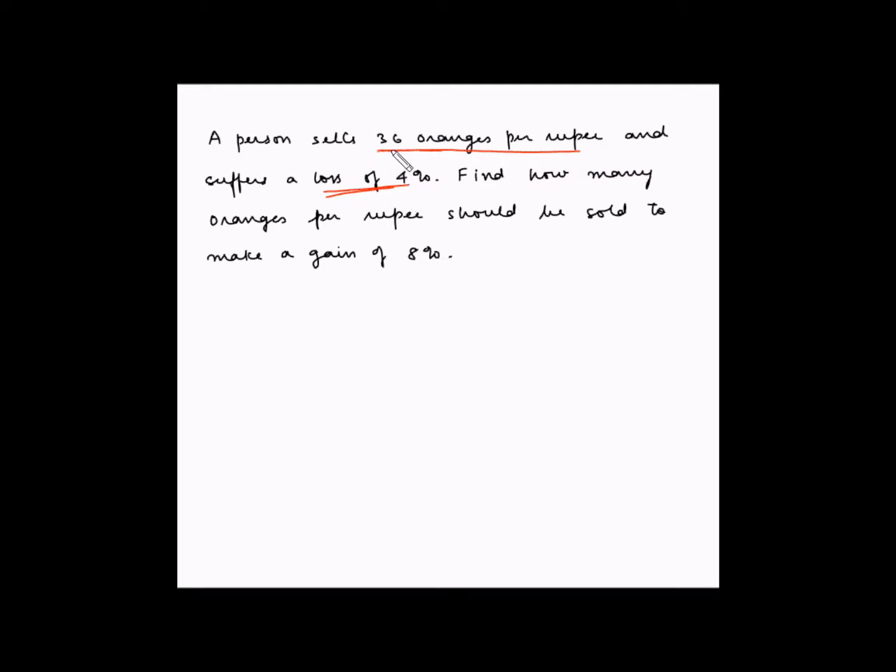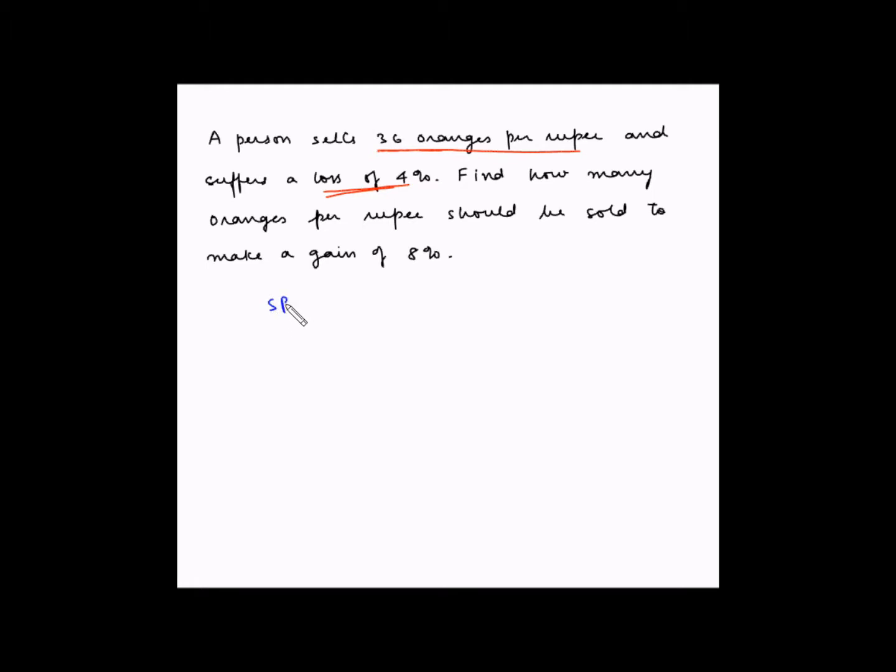Now the selling price has been given as 36 oranges per rupee. So let's first convert this expression into a form where we can find the price of one orange.